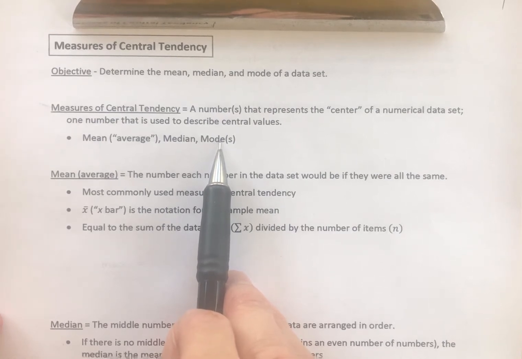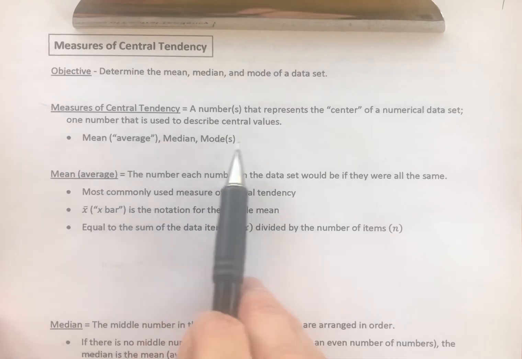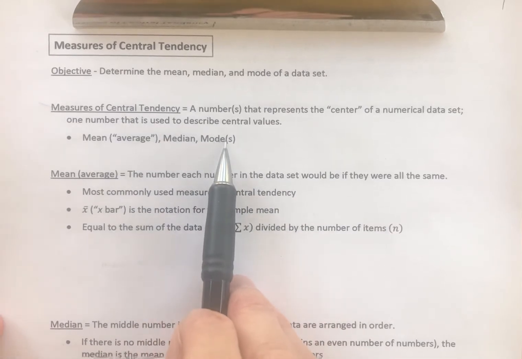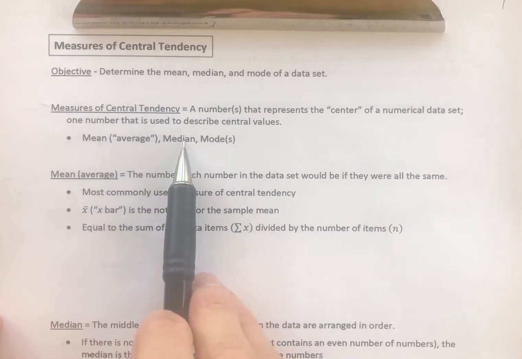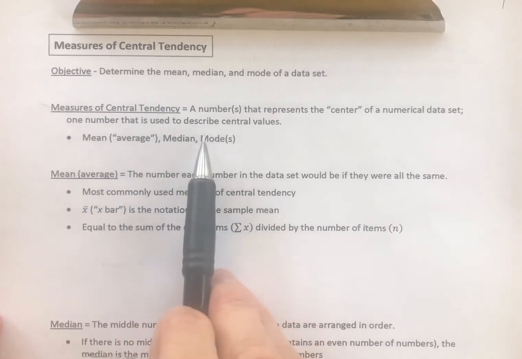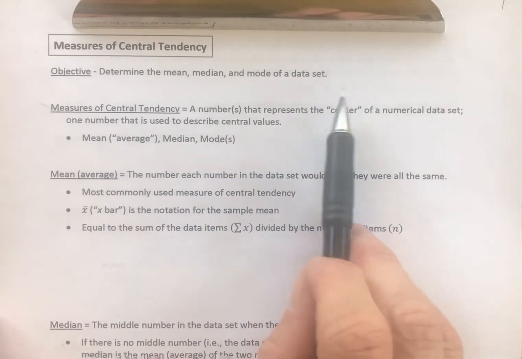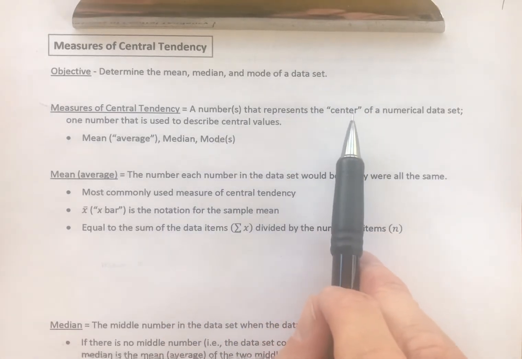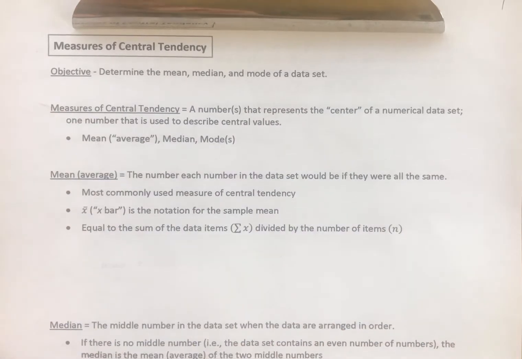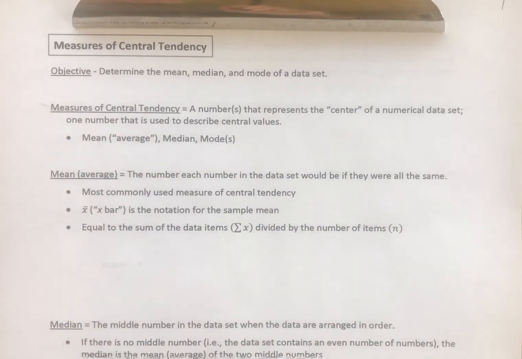For example, if you ask a bunch of people what their favorite color is or their favorite flavor of ice cream, those are non-numerical answers, and there's no way to calculate a mean or median, so you'll use the mode in those cases to describe what's kind of a center, or in this case, kind of a most popular. Okay, let's go through these three, and then we'll do a quick example using Desmos.